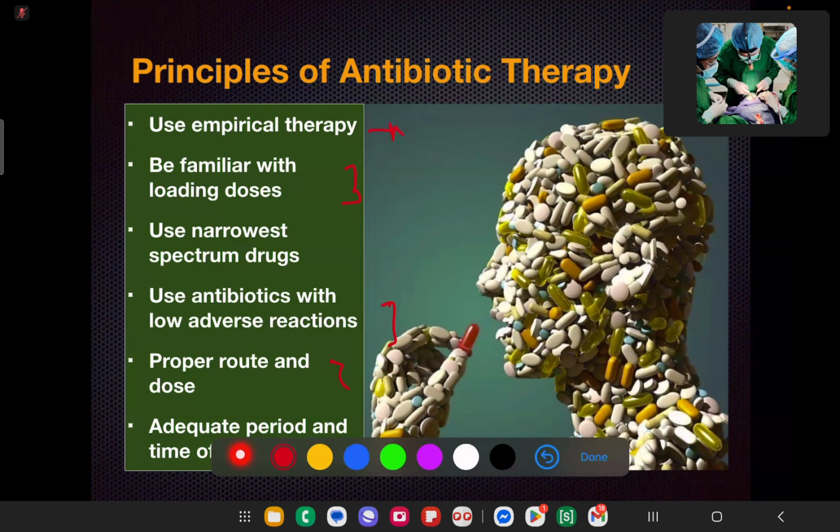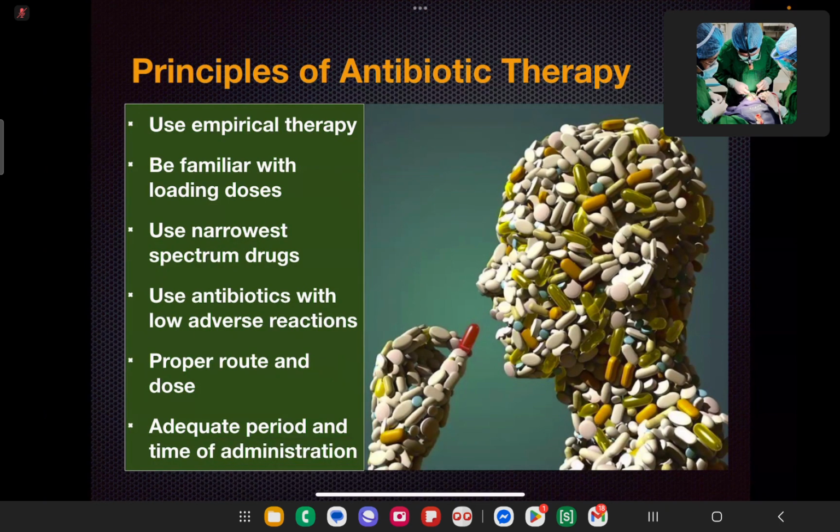And of course, an adequate period of administration. It means that you have to give the whole therapeutic course of the drug. So if you're going to give it for 3 days, then give it 3 days. If you're going to give it for 5 days, then give 5 days. So you should give an adequate period of time for the antibiotic to control the said infection.